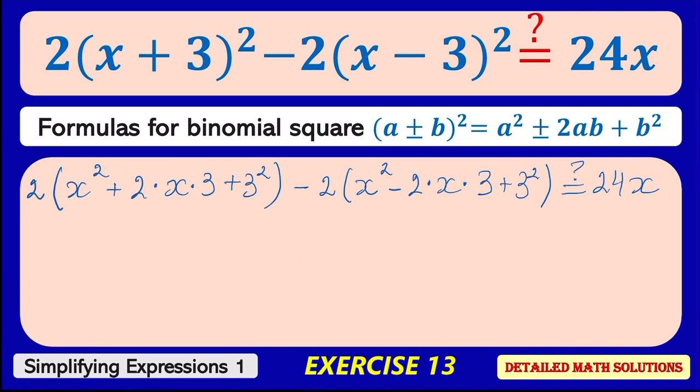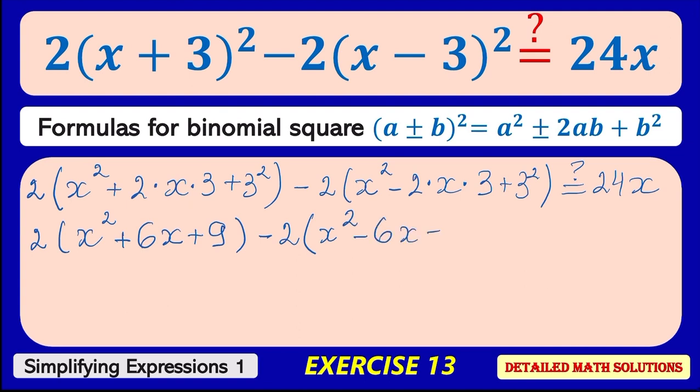When I simplify further, this equals 2x² + 6x + 9 minus 2 times (x² − 6x + 9), and again I need to see if this equals 24x.